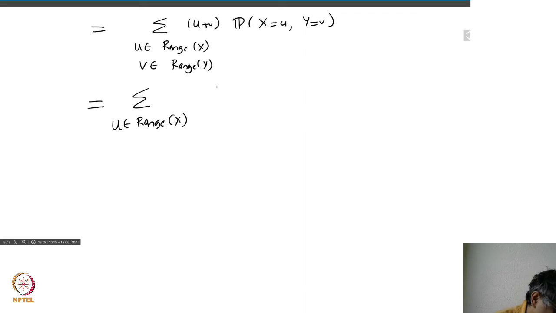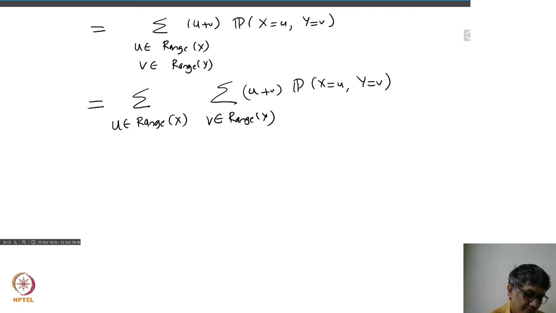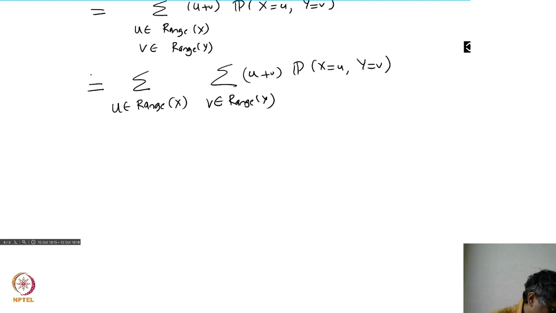So I'll rewrite this as the sum over u in the range of x, v in the range of y, of u plus v times the chance that x equals u and y equals v. That's okay. I can do all this because rearrangement is okay, as the series converges absolutely. Otherwise, I can't do this.